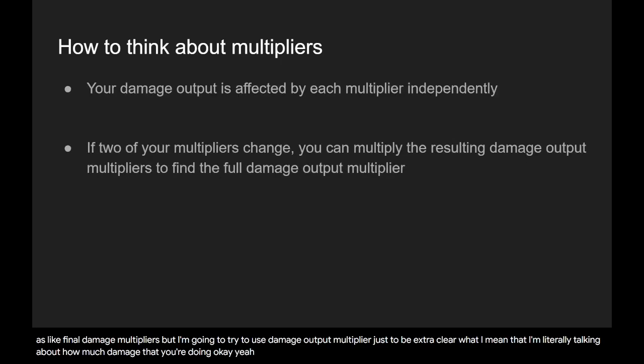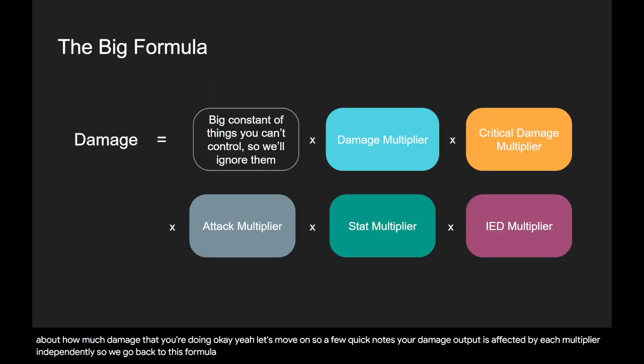Let's move on. So a few quick notes. Your damage output is affected by each multiplier independently. So if we go back to this formula real quick, if my damage multiplier doubles, that means my damage output literally doubles regardless of everything else. Everything else is just staying the same.